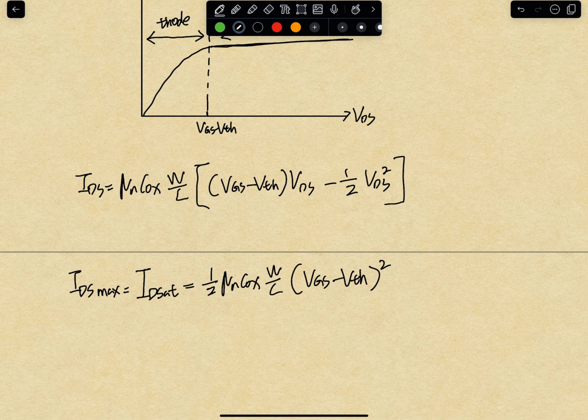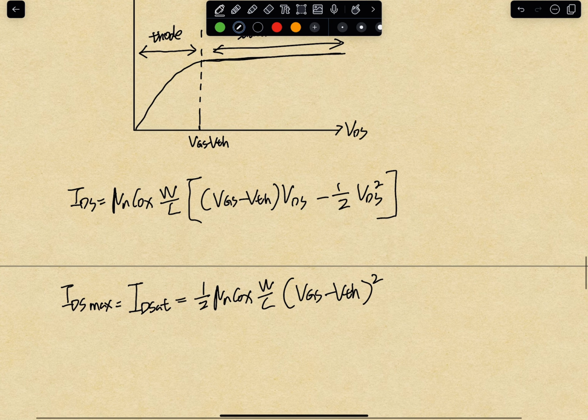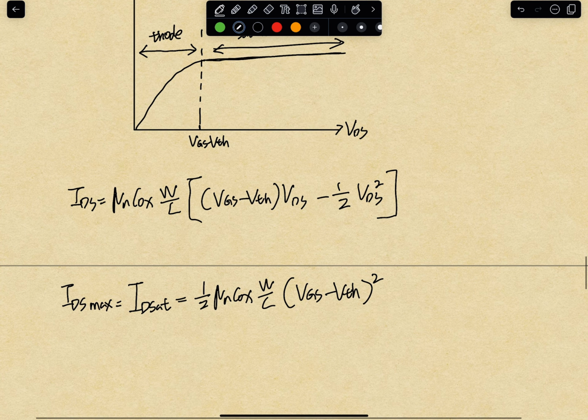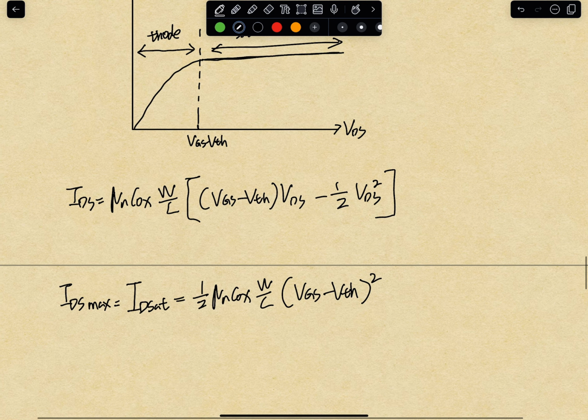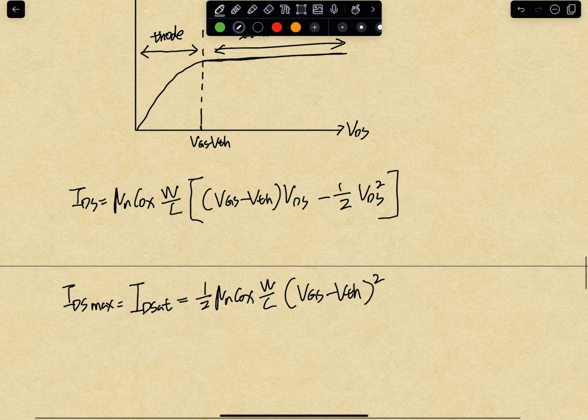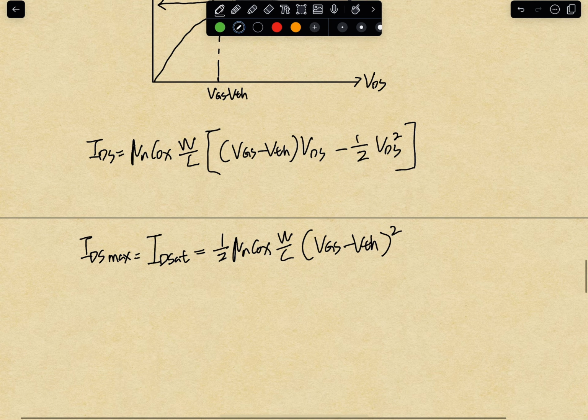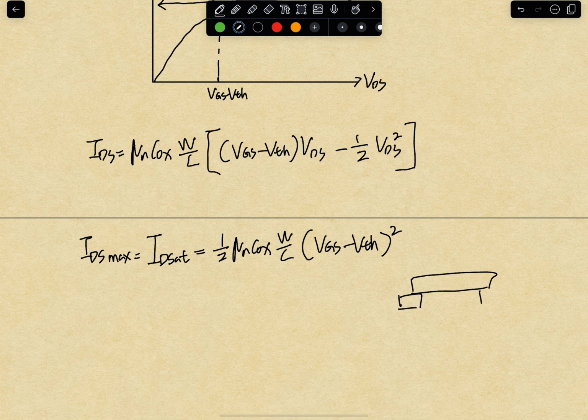W and L are the width and length. W is the width of the diffusion, and L is the length of the effective poly or metal gate at the device level. If we draw the cross section, this is N plus, this is N plus, this is P substrate.